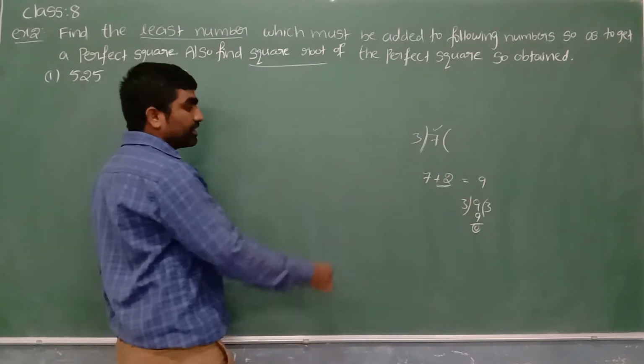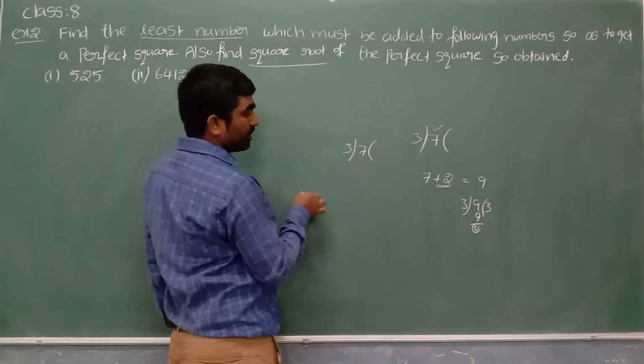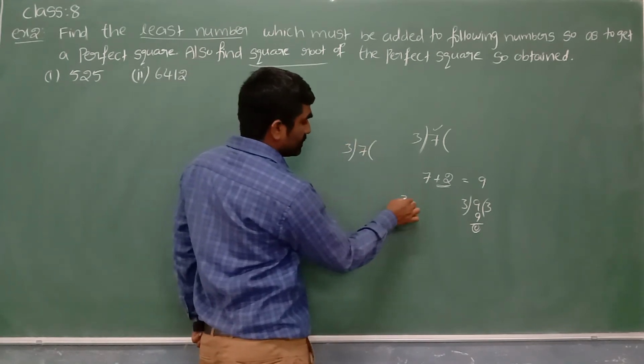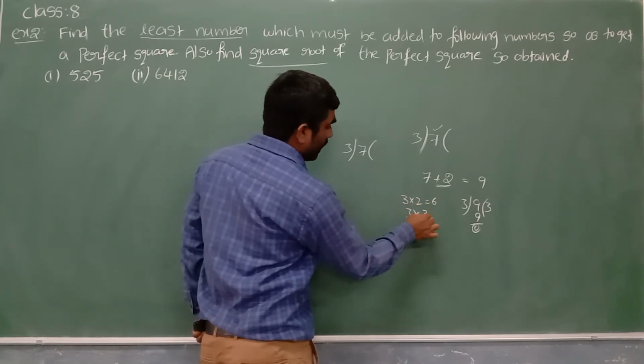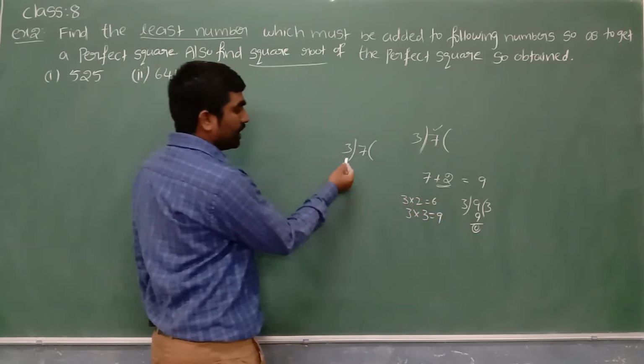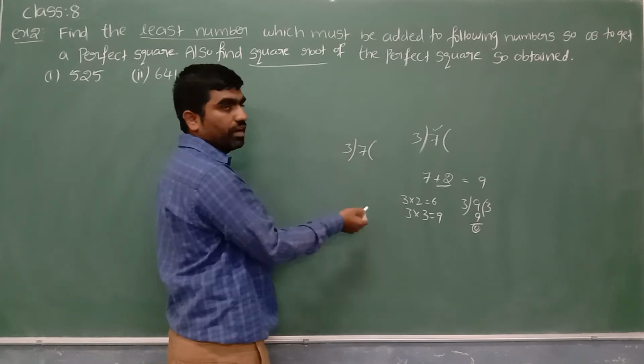So how can we find that least number? If we take 3, we take more than that. 3 2s are 6, 3 3s are 9. In the place of 7, if I have 9, it goes exactly in the 3 table.